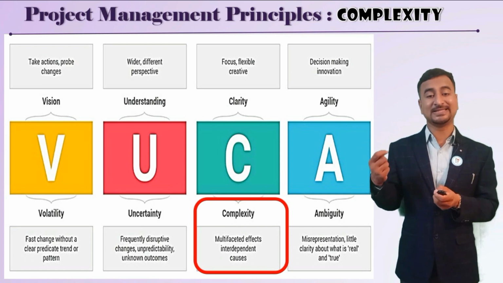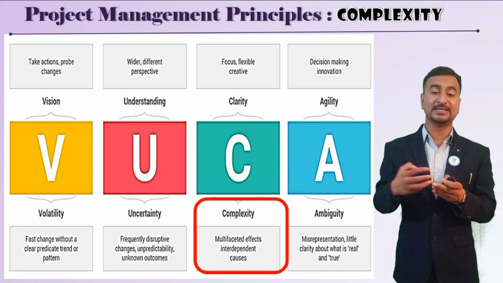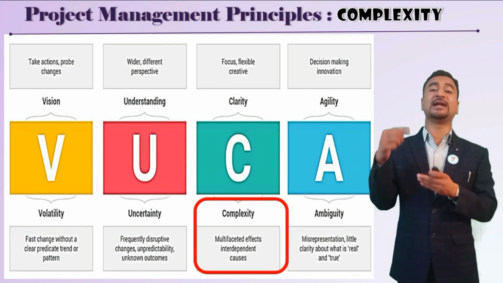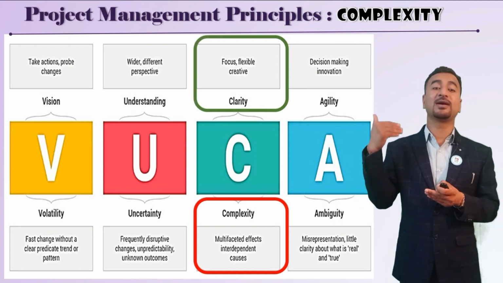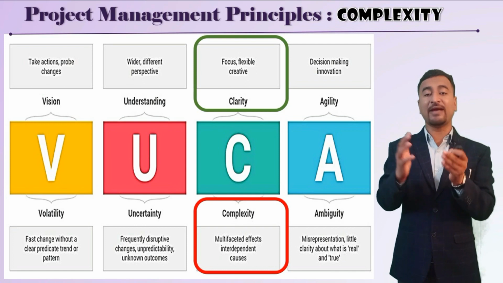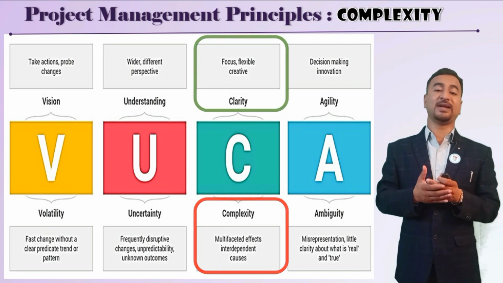The third is complexity, where you have a misinterpretation of things and things are so interconnected with each other that it creates a more complex environment. You can solve that by clarity, focus and having a flexible culture to respond to the complexity.